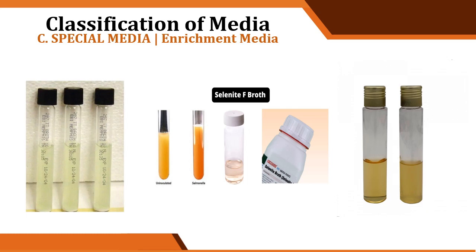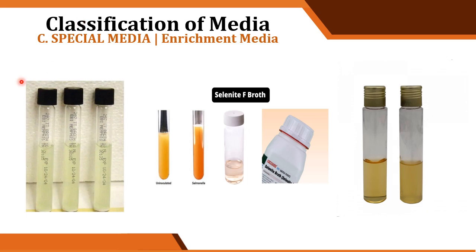Examples of enrichment media. Again, enrichment is when our media is liquid. First, this is tetrathionate broth. Tetrathionate inhibits coliforms while allowing typhoid or paratyphoid bacilli to grow freely in a fecal sample.